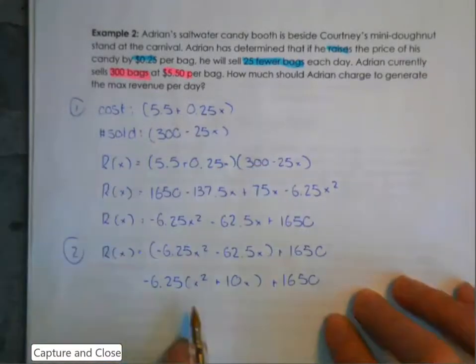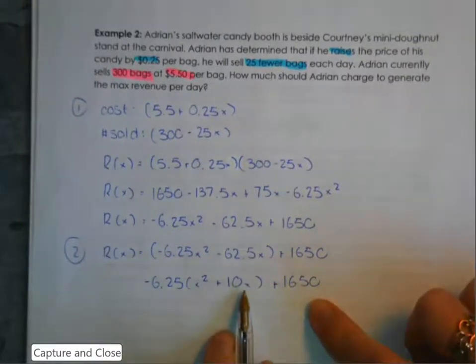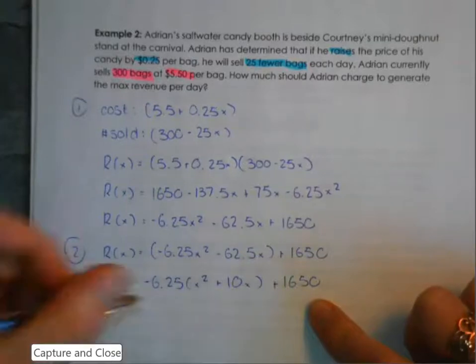Then remember we need to make this into a trinomial. Half of 10 is 5, and if we square 5, we get 25.